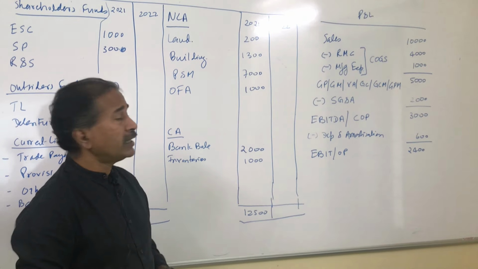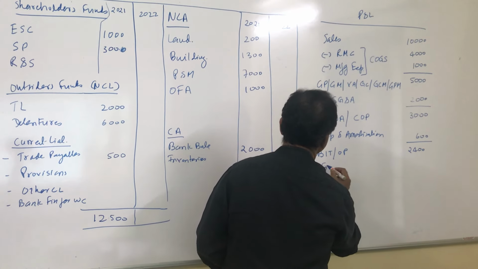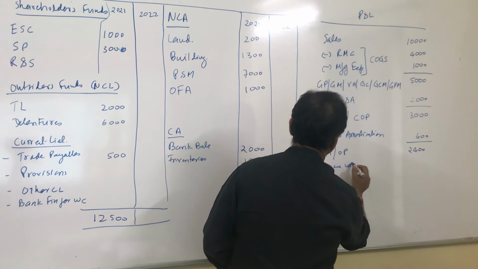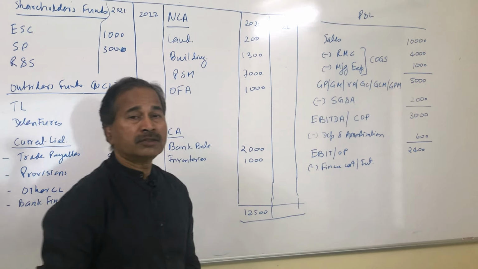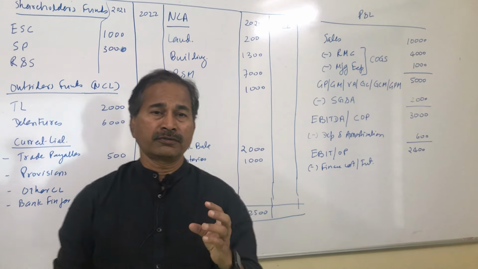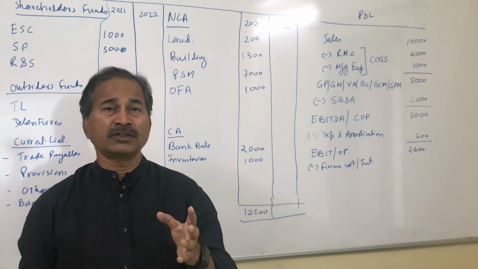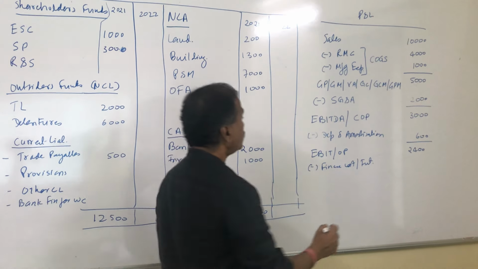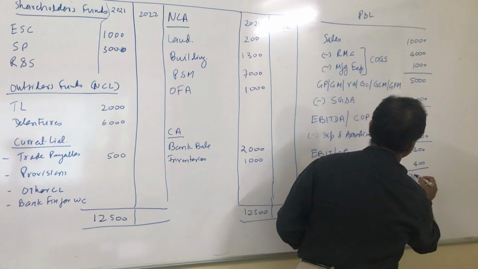Now from the EBIT, you will minus something which is known as finance cost or interest cost, right? So from the figure of EBIT you will deduct the figure of finance cost or the interest cost. Let's say your interest cost or the finance cost is 400, what you get here is 2000.